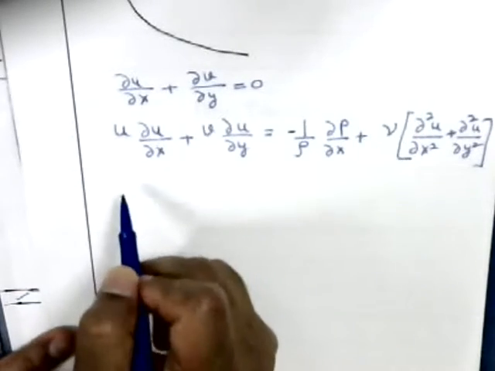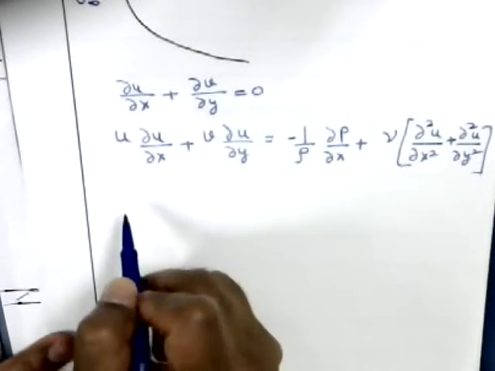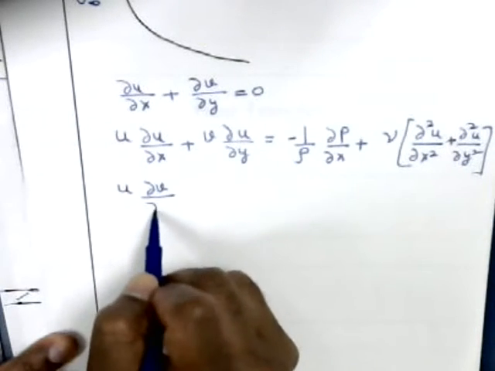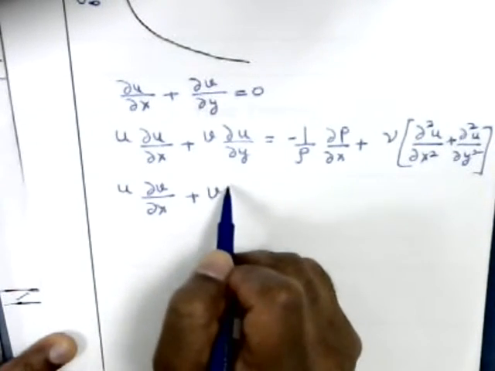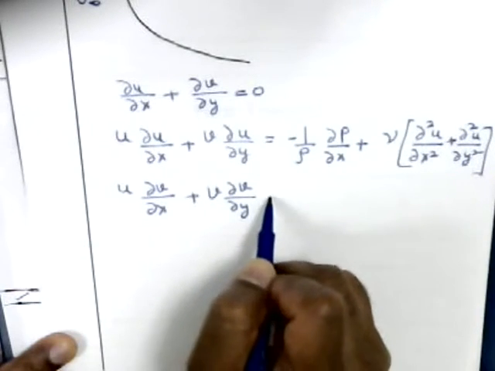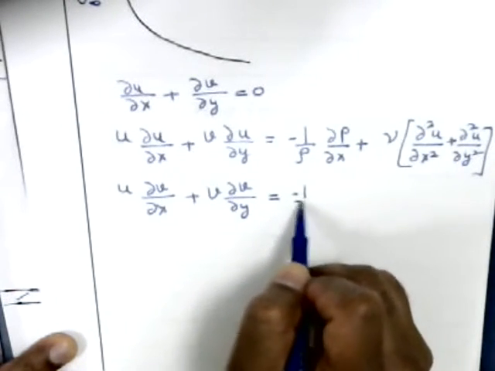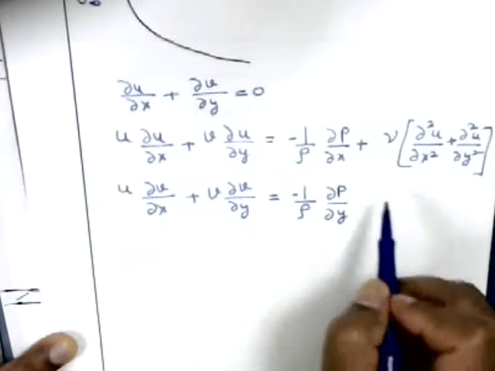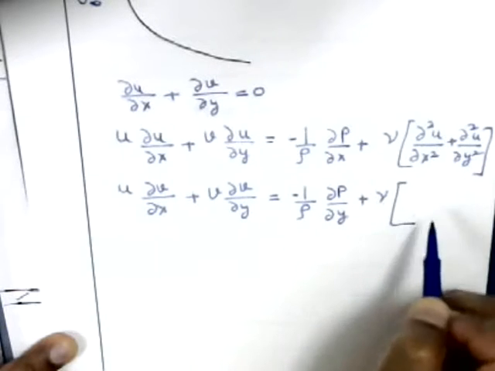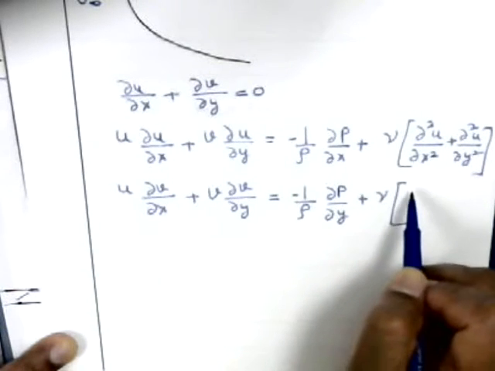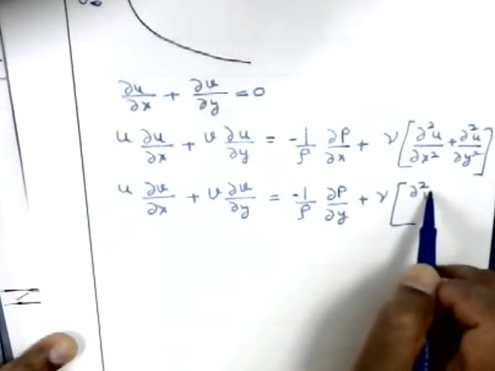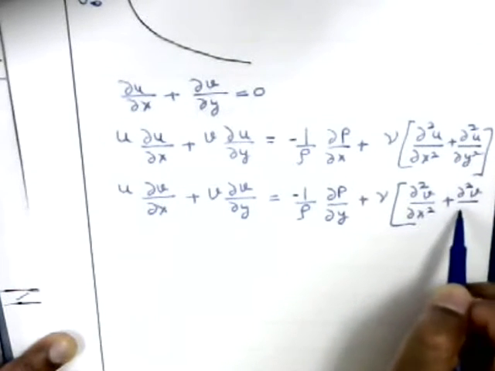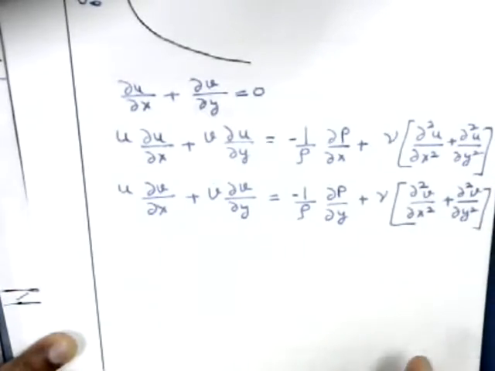Similarly, the equation for the momentum in the y direction is u ∂v/∂x + v ∂v/∂y equals negative 1 over rho ∂p/∂y plus ν, this is nu, not mu, times (∂²v/∂x² + ∂²v/∂y²).